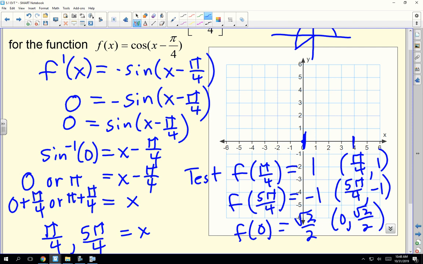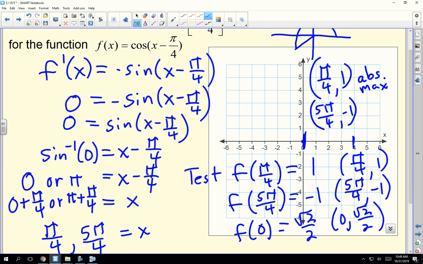What's the highest y value we have among the 3? It's 1. So this is my absolute max. My absolute min is the 5 pi over 4, comma -1.